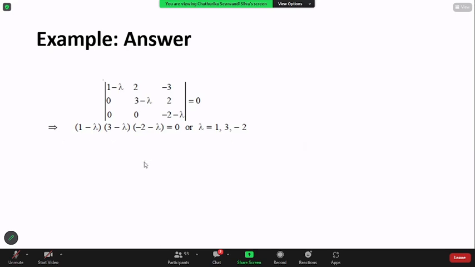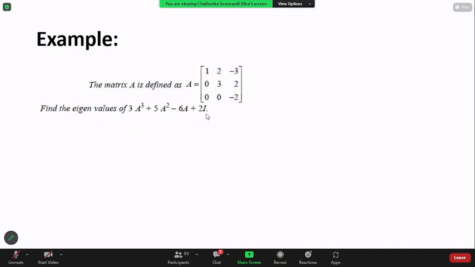Other than that, what are the eigenvalues of 2I? So now you told me the eigenvalues of A to the power 3, then A to the power 2, then 6A, then I'm asking the eigenvalues of 2I.